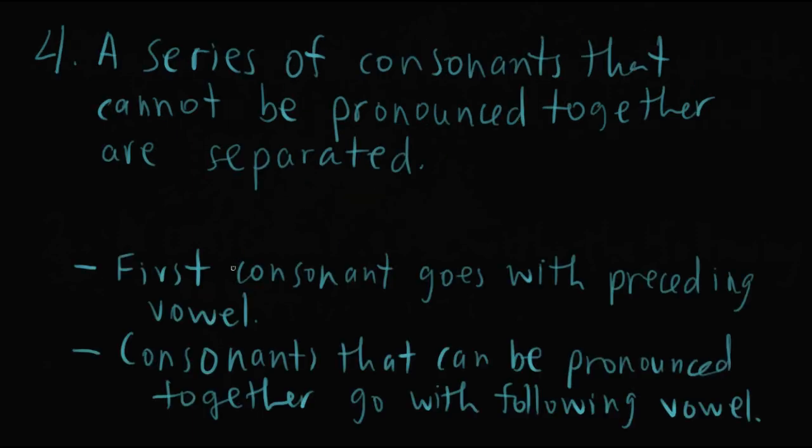Let's move on to number 4. And number 4 actually has multiple parts. And this one's a little bit challenging. So you have a series of consonants that cannot be pronounced together. They are separated. So those consonants are separated. So let's look at the word emprasten.